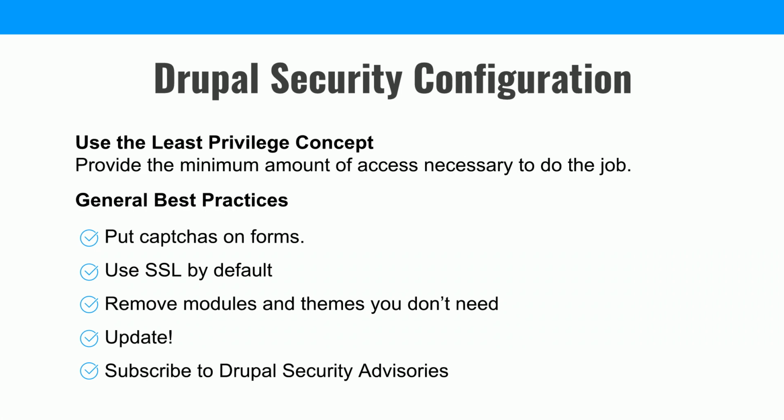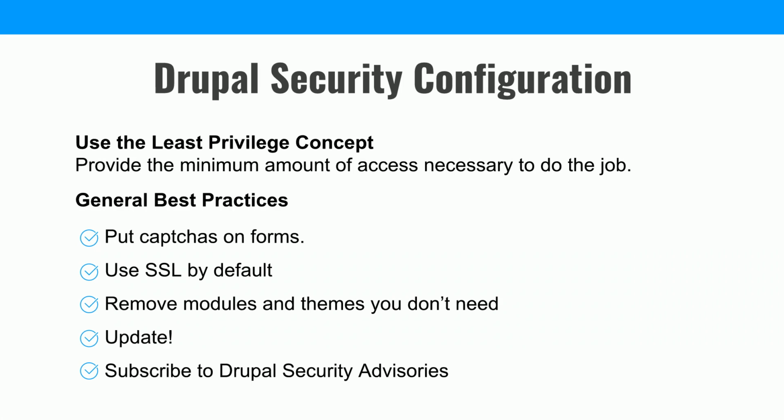So as far as some just general Drupal security configuration, a concept that's good to use in Drupal or any kind of application design is the concept of least privilege. So only give someone the minimum amount of access necessary to do the job. And that actually goes across all of software and IT in general. It's a good concept to keep in mind.